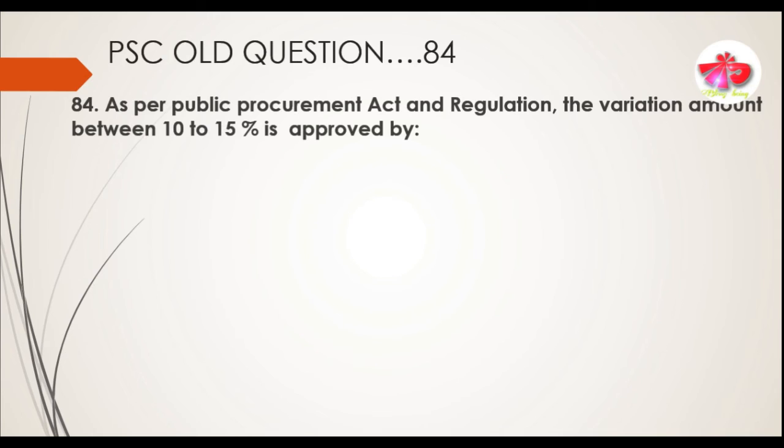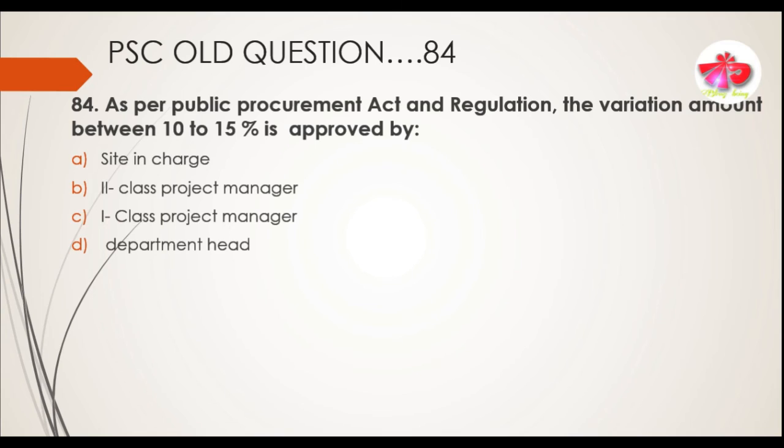Question number 84. As per the Public Procurement Act and Regulation, the variation amount between 10 to 15% is approved by whom? Option A, site in charge; option B, second class project manager; option C, first class project manager; and option D, department head. So friends, as per Public Procurement Act 2063, the variation amount between 10 to 15% is approved by the department head. Option D will be the correct answer here.